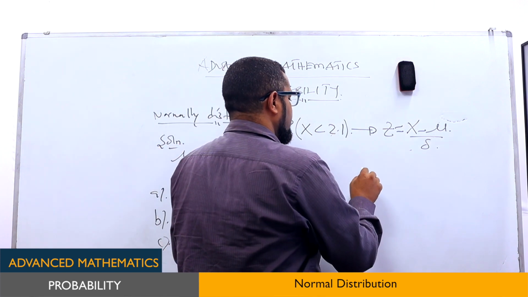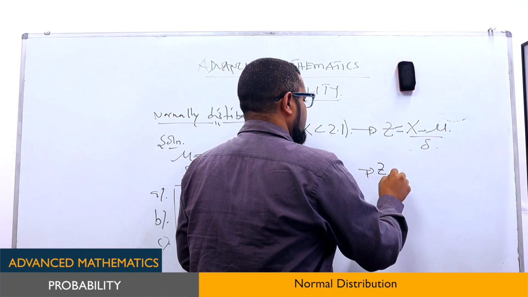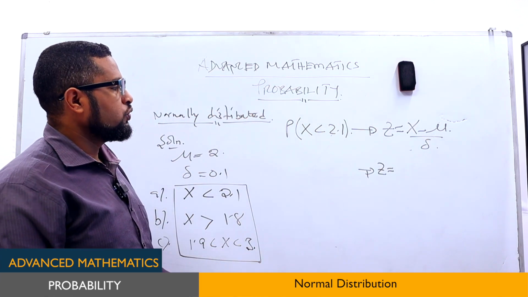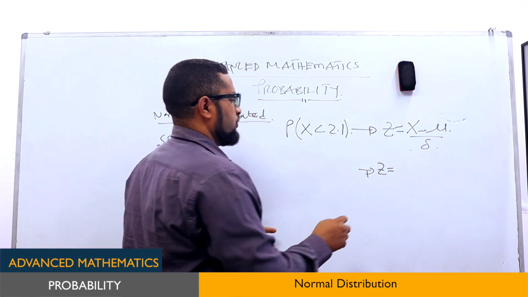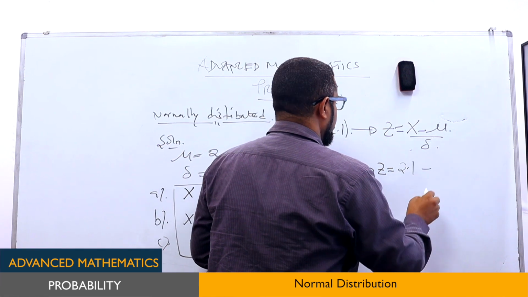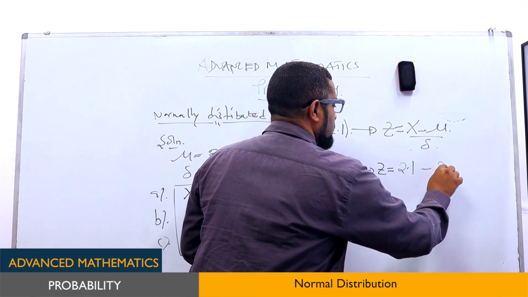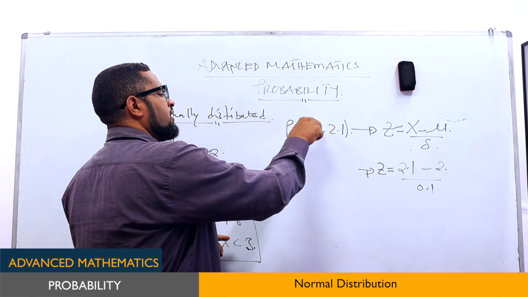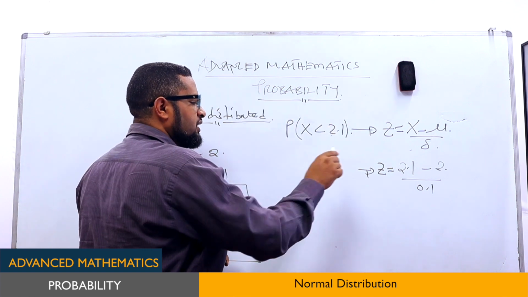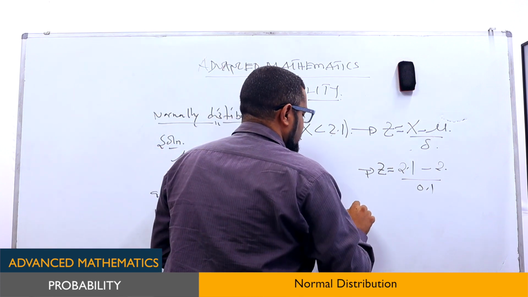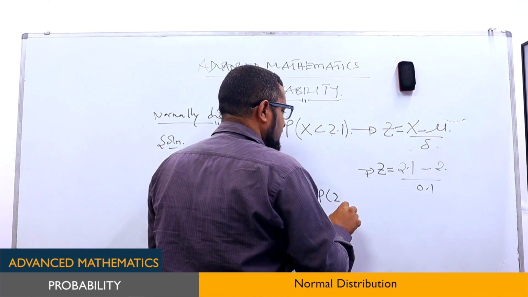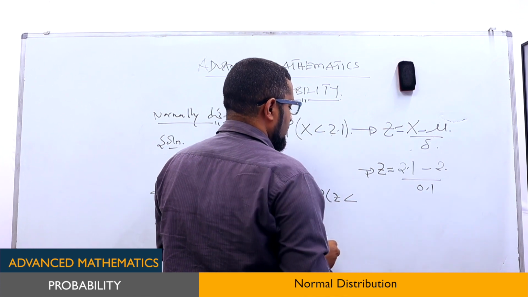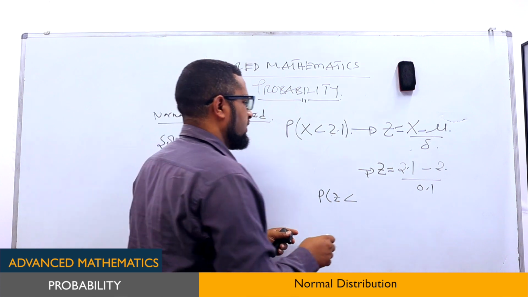So you may simply write z equal to, what is our x? Our x is 2.1. So it is 2.1 minus our mean, 2, divided by 0.1. But remember, you are given x less than, so z will also be less than the value we are looking for. Now take your calculator and simplify.